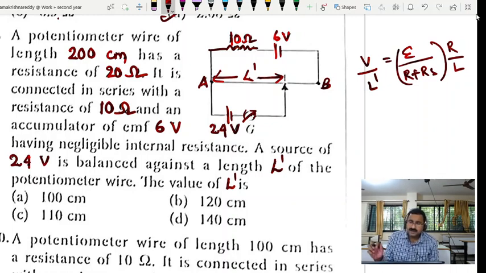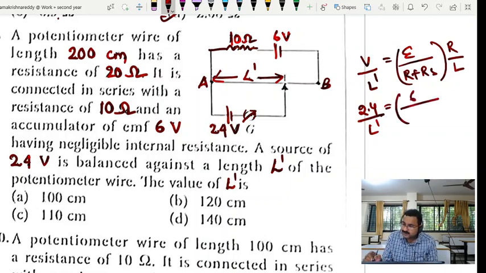The primary part is the EMF, that is 6 volt, and here they gave 2.4 volt. So 2.4 divided by L dash is equal to the EMF value, 6 volt, divided by the series resistance 10, or the rheostat resistance, taken as variable resistance.